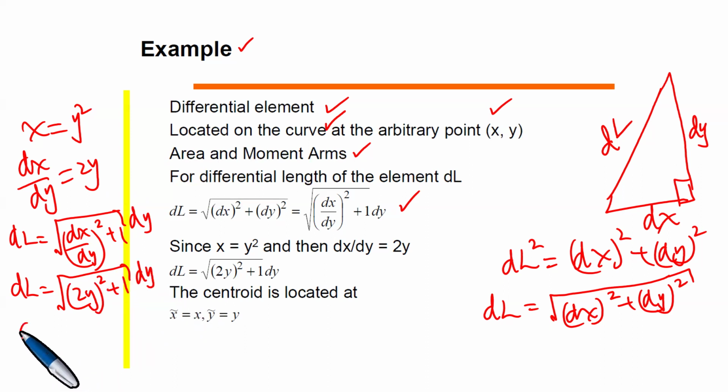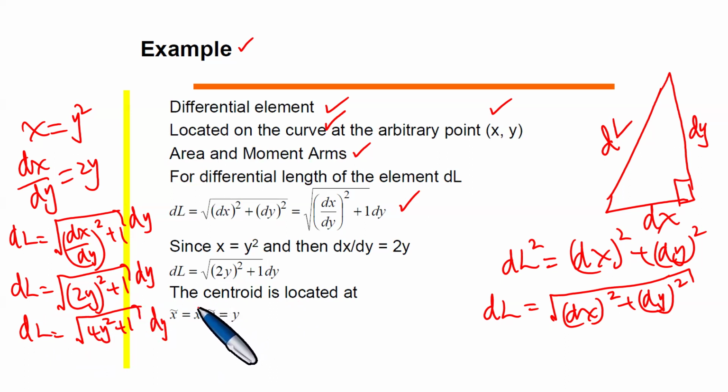So dL is the square root of (2y) all squared, which is actually 4y squared, plus 1, dy. Which you can write as the square root of (2y) all squared plus 1 dy, and this is the dL.